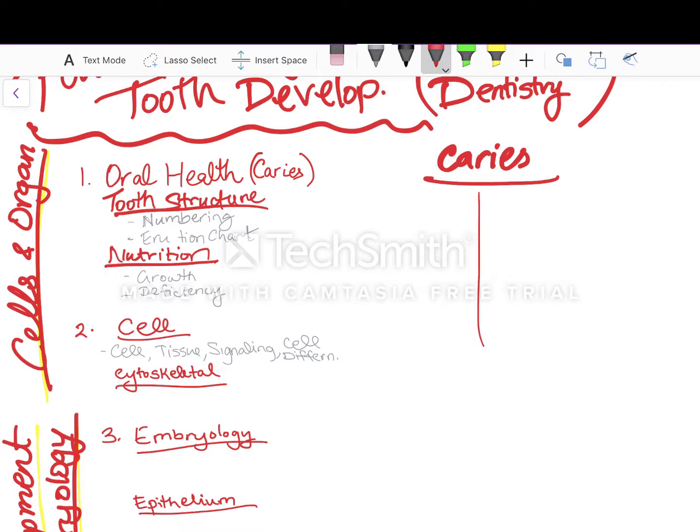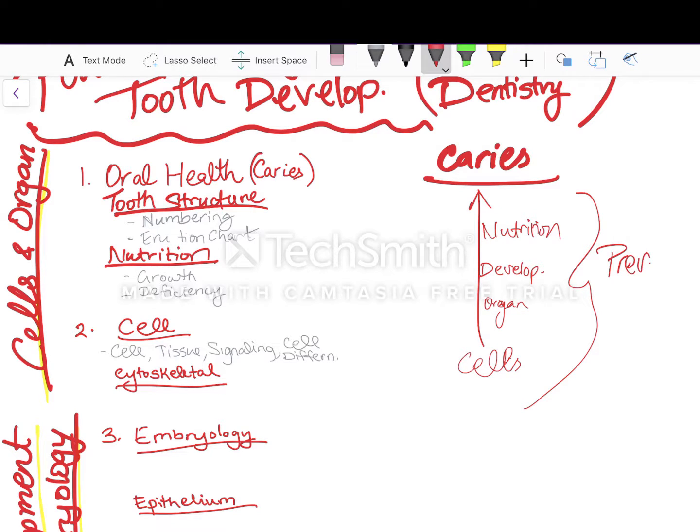So we can reverse engineer to figure out, okay, what are the cells that make up the tooth? What are the organs? How does tooth development happen? How is nutrition a factor? So when you take all these together, we can use this to prevent caries.